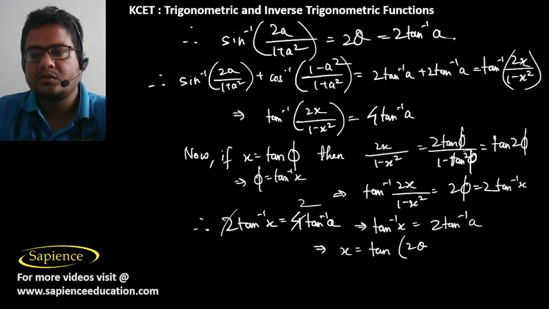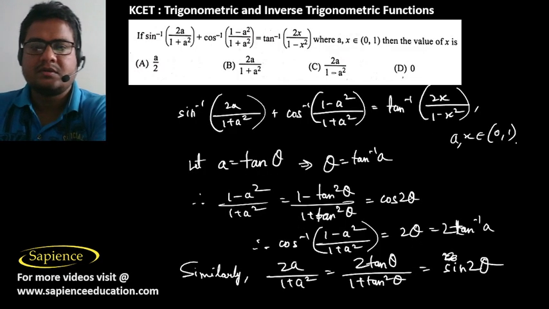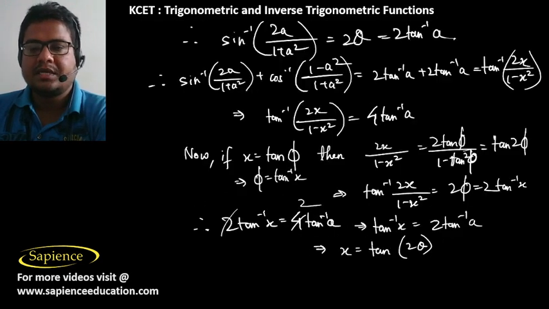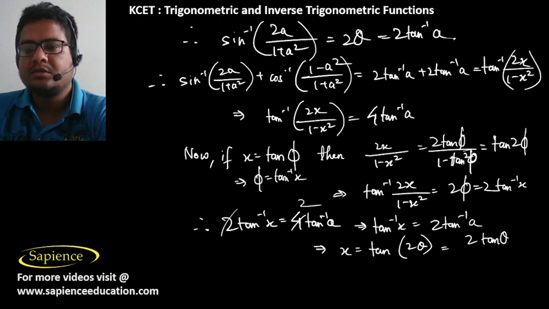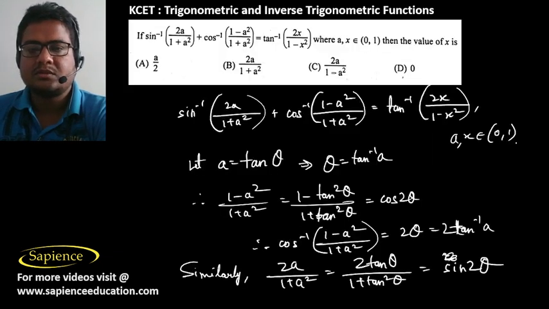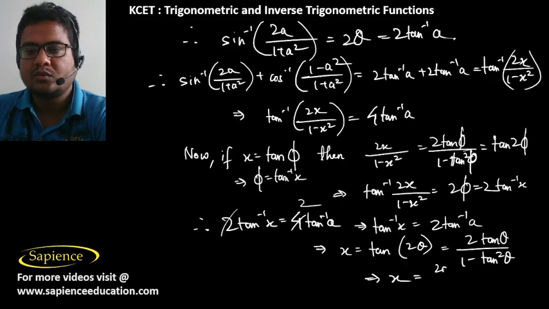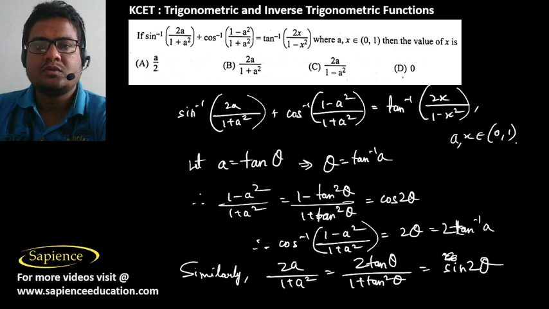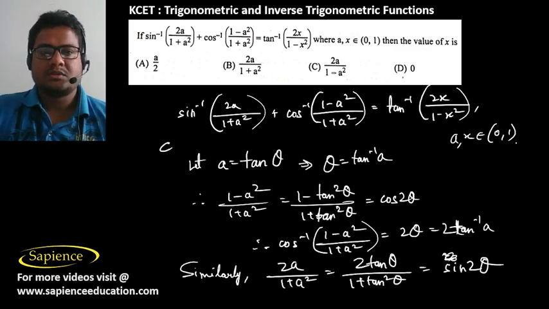So tan 2 theta, since tan inverse a is theta, is equal to 2 tan theta by 1 minus tan square theta. So x is equal to, now tan theta equals a, so this is equal to 2a by 1 minus a square. X is equal to 2a by 1 minus a square. So option C is the correct answer.